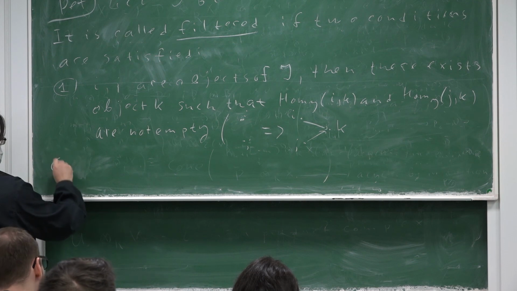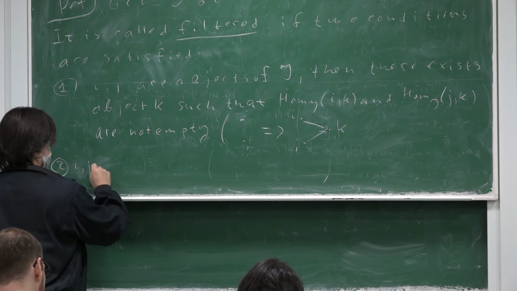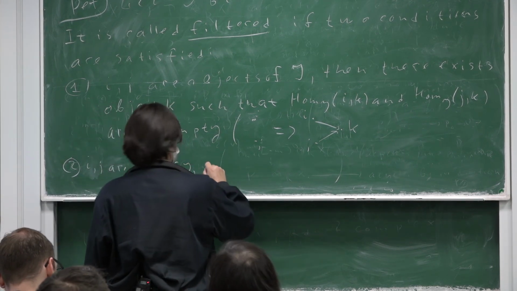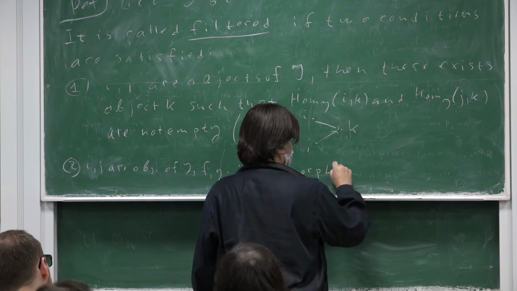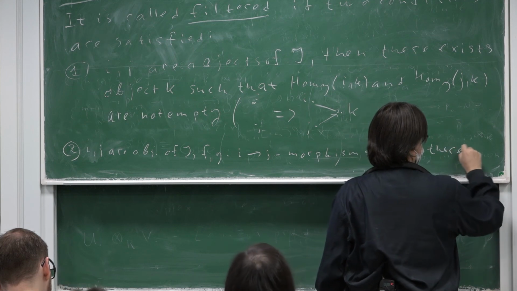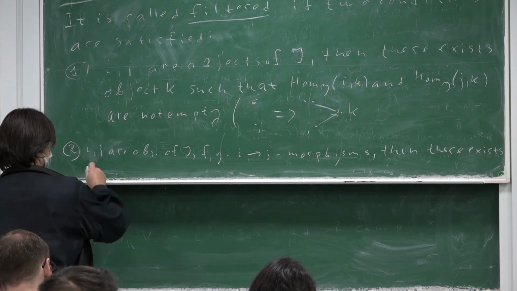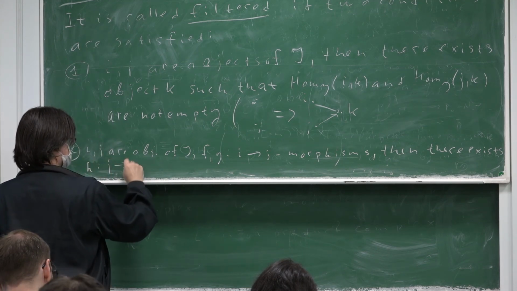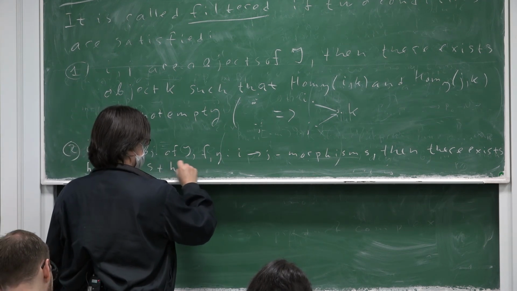And the second one is the following. If you have two objects I and J and two morphisms F and G between them, morphisms from I to J, then there exists some object K and a morphism H from J to K, so that HF equals HG.